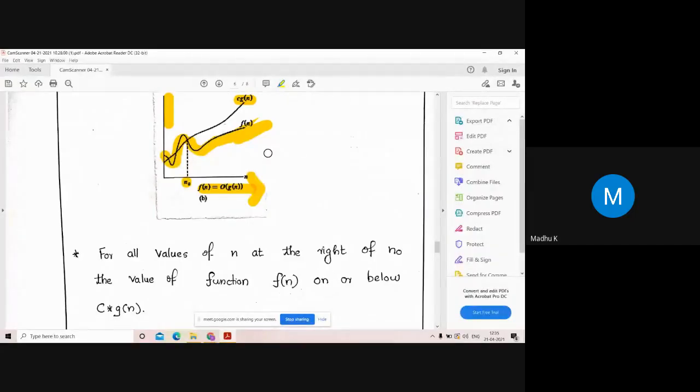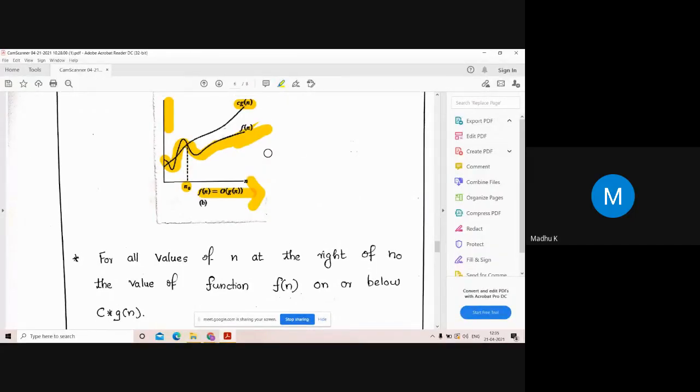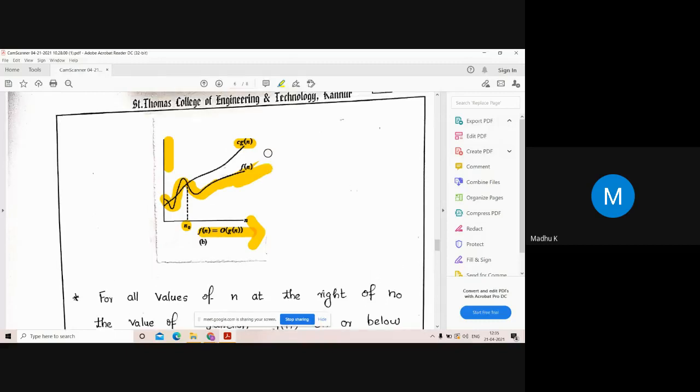This is the graphical interpretation of that notation.